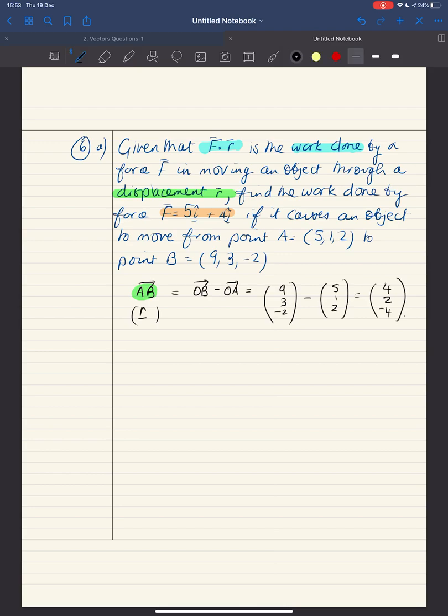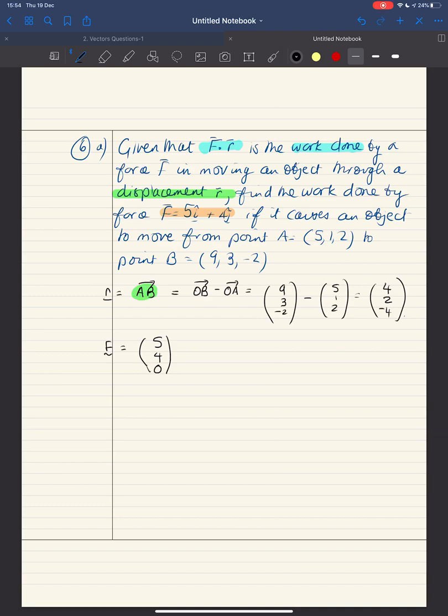So we've got R equals this. F, we've been told, is (5, 4). Now, because the R has got 3D, we need 3D here. It's 5i plus 4j plus 0k.